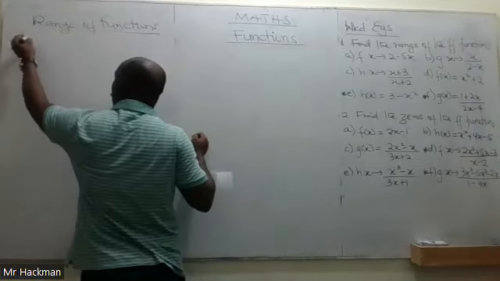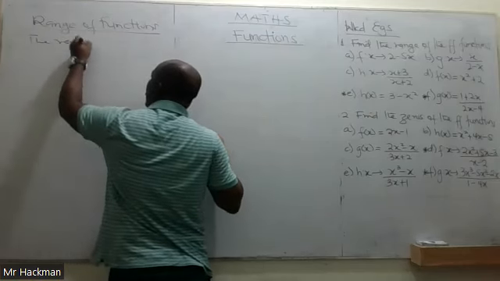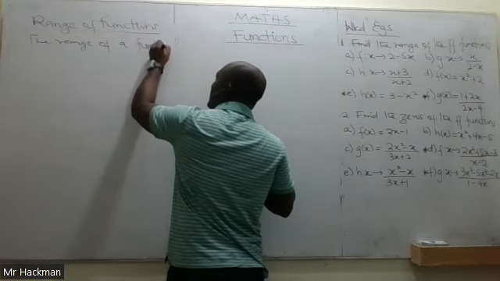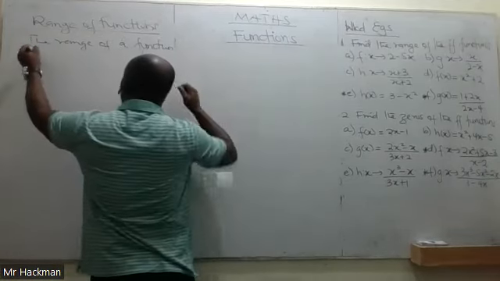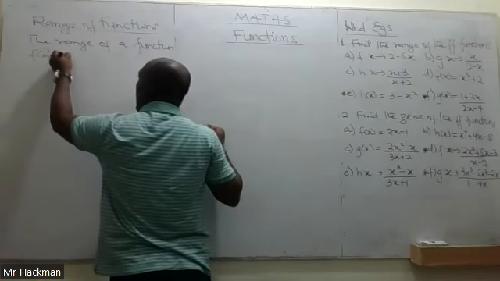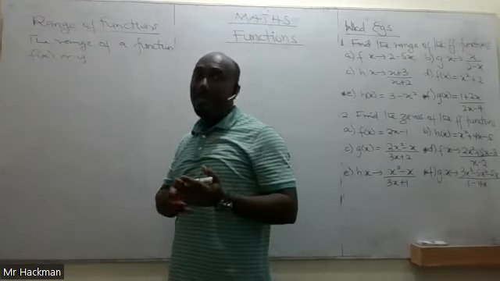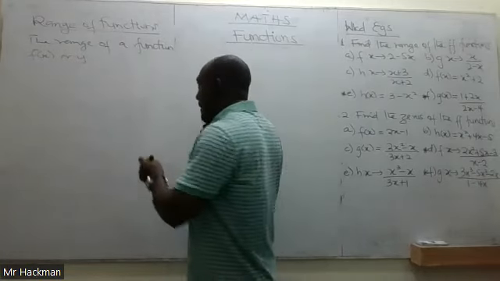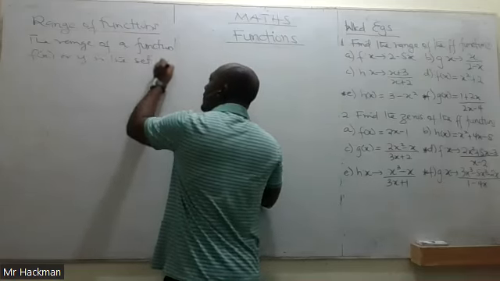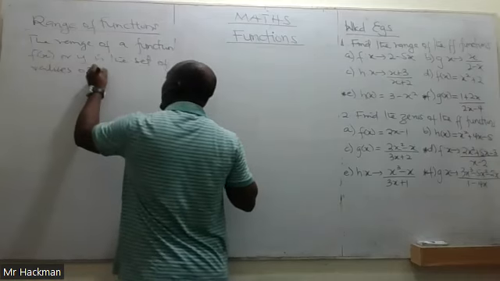So the range of a function f of x or y, because I told you that f of x is the same as y usually, is the set of values of y.